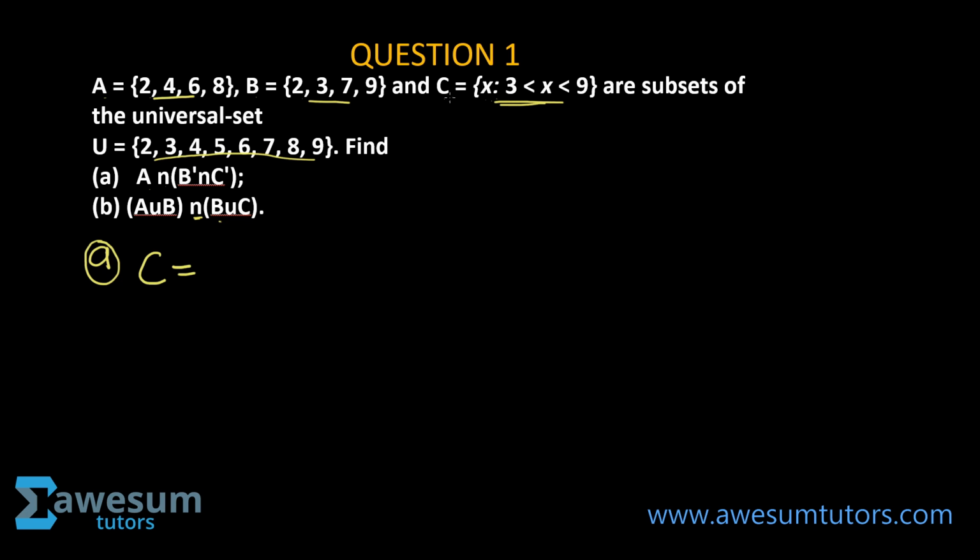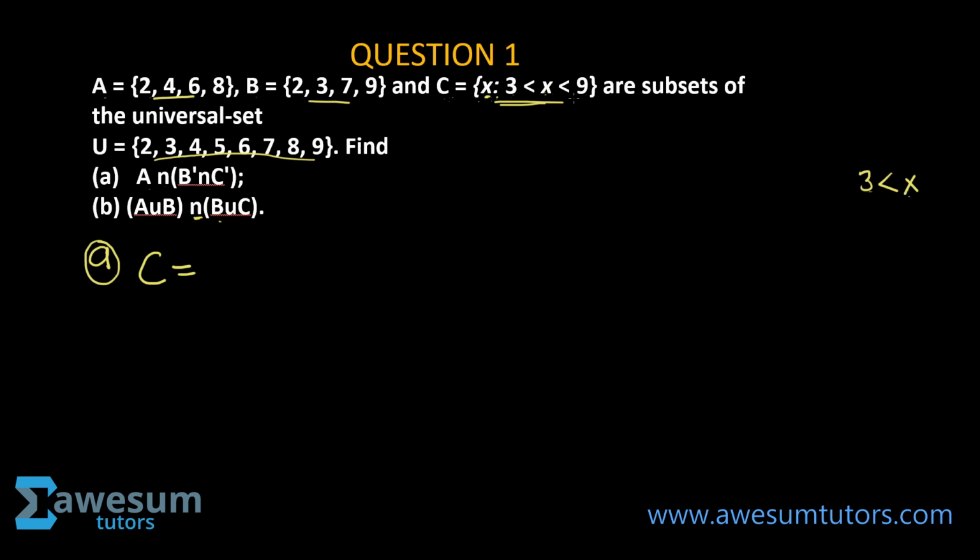This says that C is a set of X such that X is greater than 3, because 3 is less than X means X is greater than 3. So X is such that X is greater than 3 and X is also less than 9.